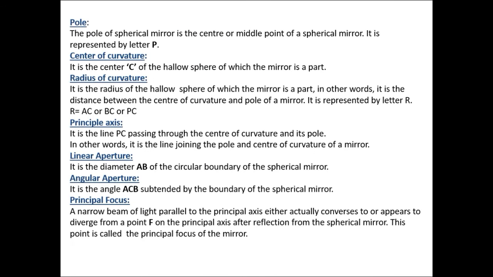Then radius of curvature. It is the radius of the hollow sphere of which the mirror is a part. In other words, it is the distance between the center of curvature and the pole of a mirror.